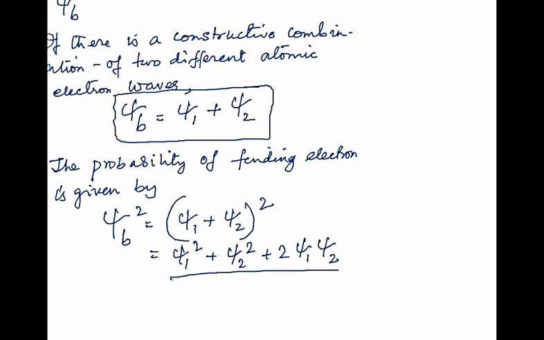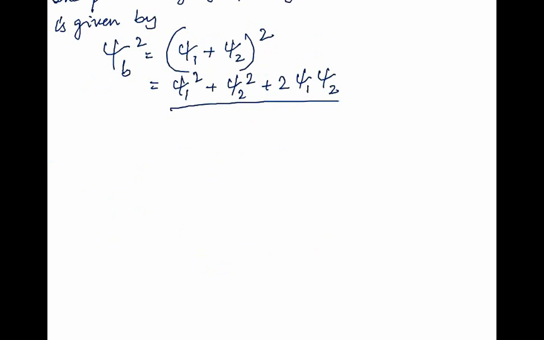Now we can draw the formation of a bonding molecular orbital from atomic 1s orbitals.